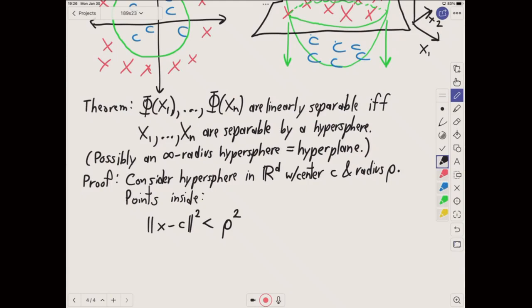Squaring both sides gives an equivalent inequality, since those numbers can't be negative. And now I'm going to expand the square. So the squared norm of x minus c expands to x squared minus 2c dot x plus c squared, less than or equal to rho squared. So I'm just claiming that these two inequalities are equivalent to each other.